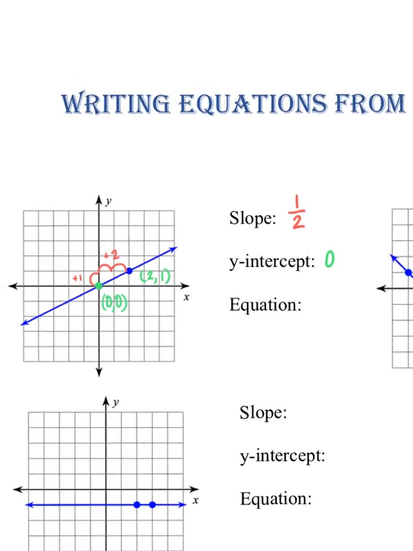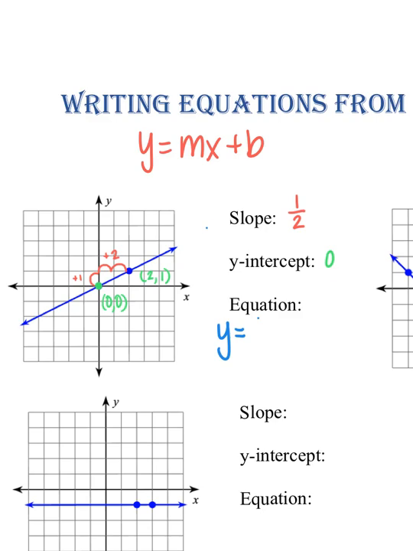Okay. Now that I know my slope, I can put the information I have into my equation of y equals mx plus b. Because I know my slope and I know my y-intercept. So my equation then is going to be y equals, what is my slope?